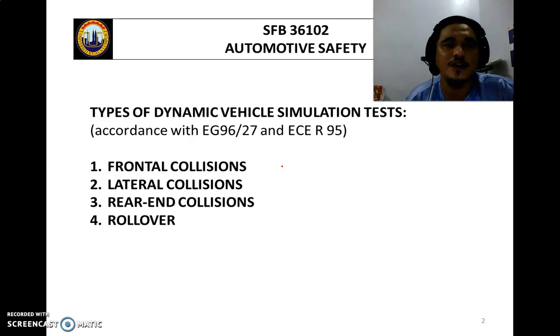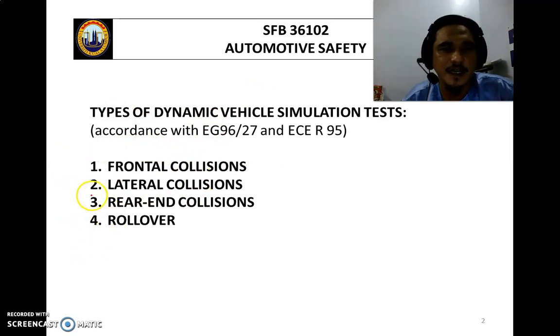As I mentioned before, for any simulation test, the target level of injury is AIS 4 and below. The second objective is to study the effectiveness of the restraint system, which is the seatbelt, airbag, and child restraint system. The third objective is to study the strength of the vehicle body. This is in general for all types of simulation test.